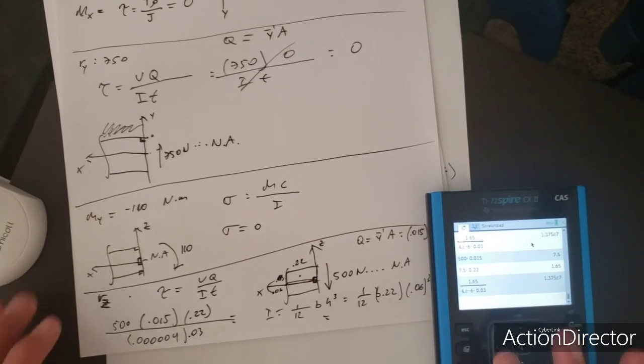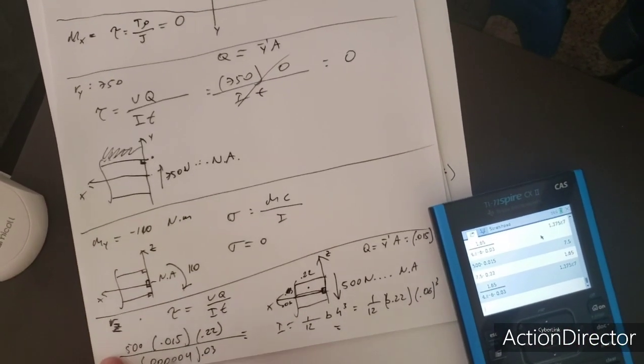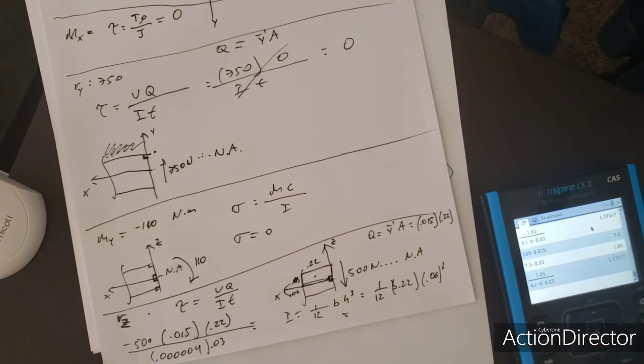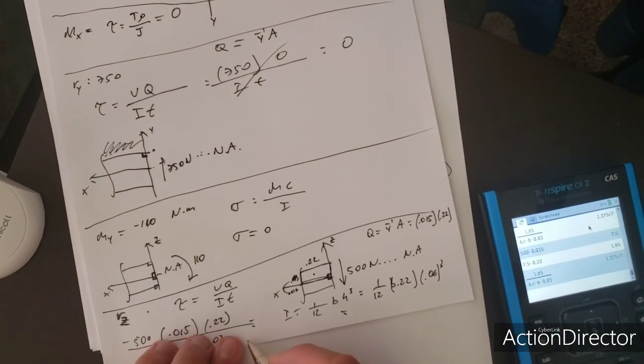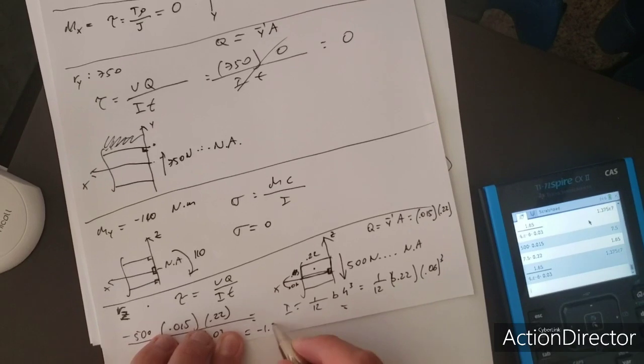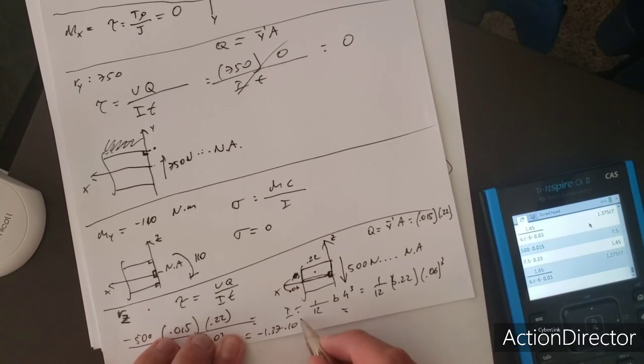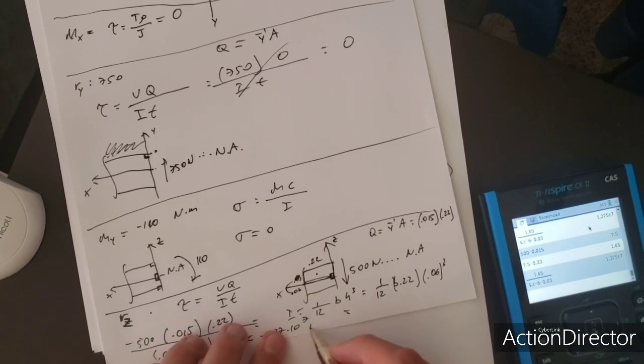Okay, I get 1.37, and negative, because this is actually going down. The shearing force is down. I almost forgot about the negative sign. So I end up getting negative 1.37 times 10 to the 7 pascals.